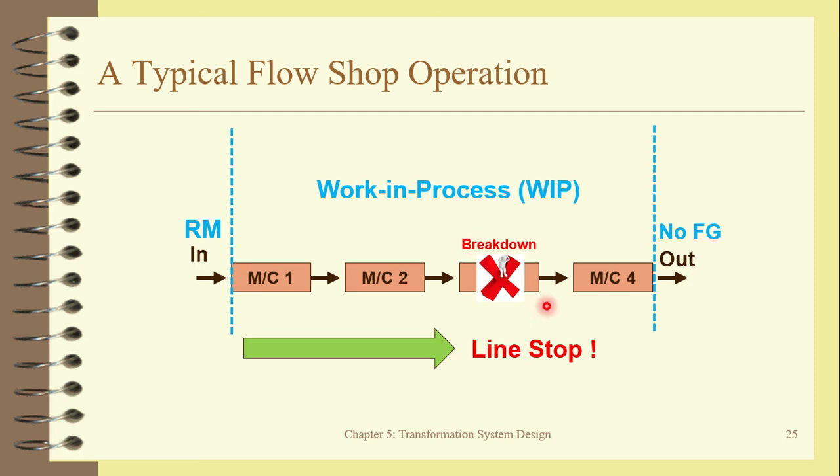So if this machine breaks down, the whole line would be stopped. So it is very vulnerable to machine breakdown, and one machine breakdown could bring about the whole line stopping. So it's not very good in terms of the reliability of the system.